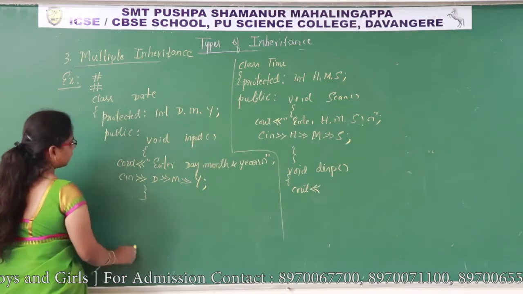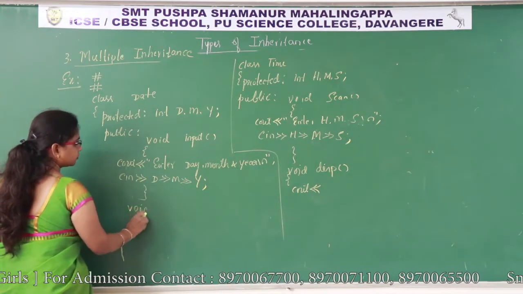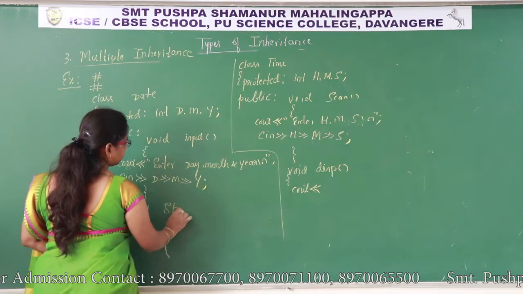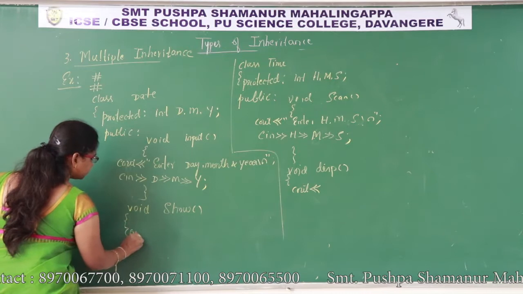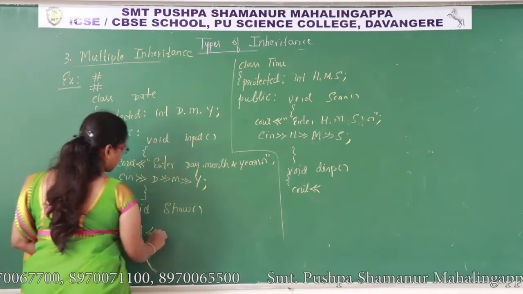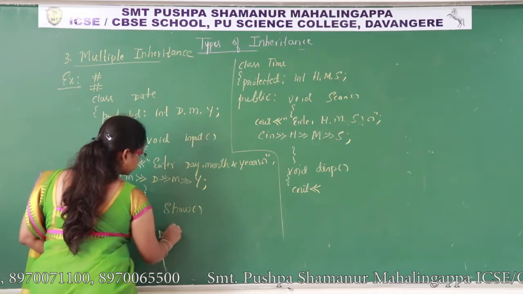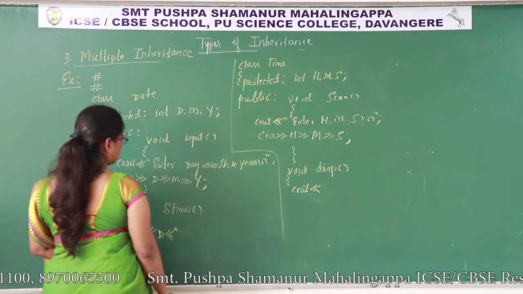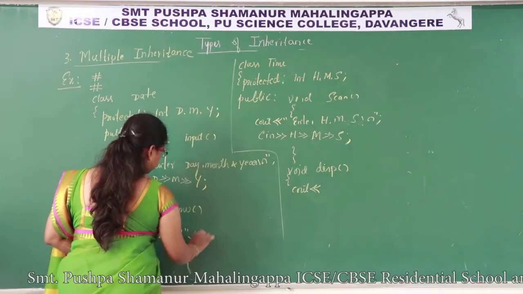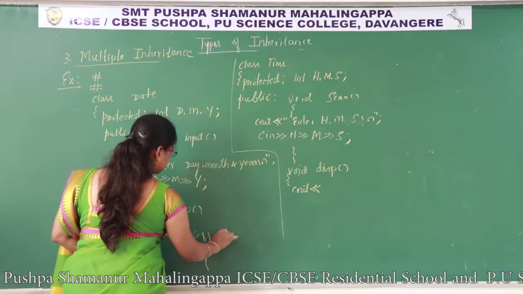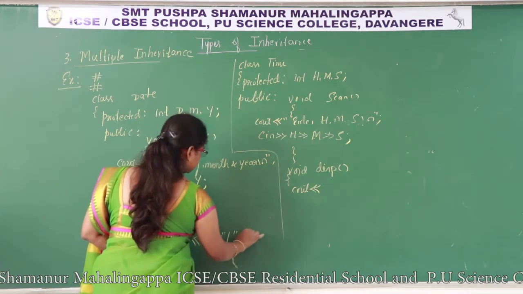Here I want to take another function, void show. Cout day, month, year.